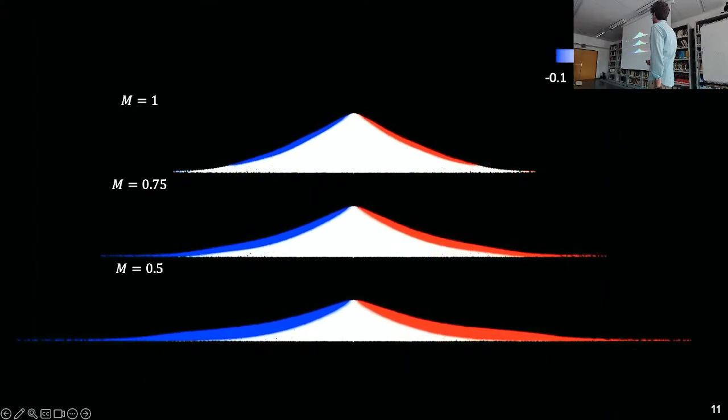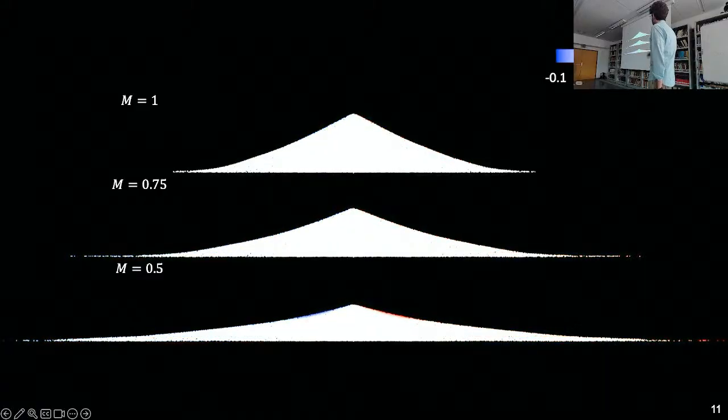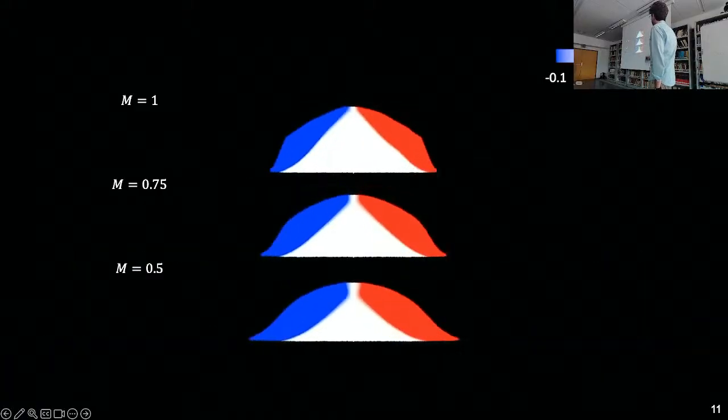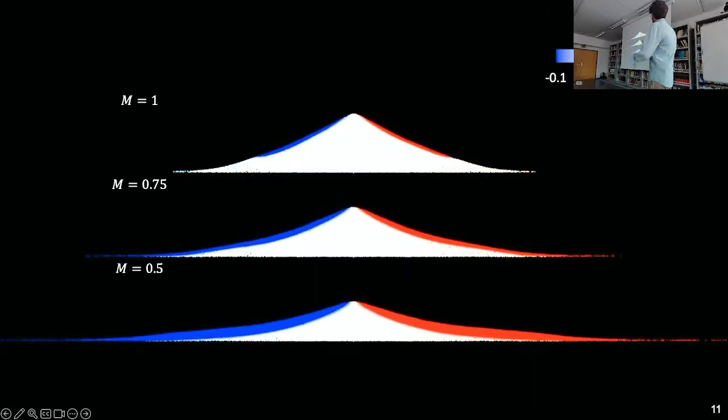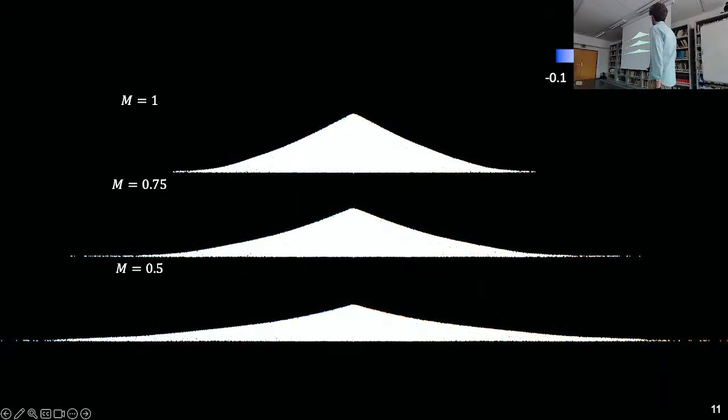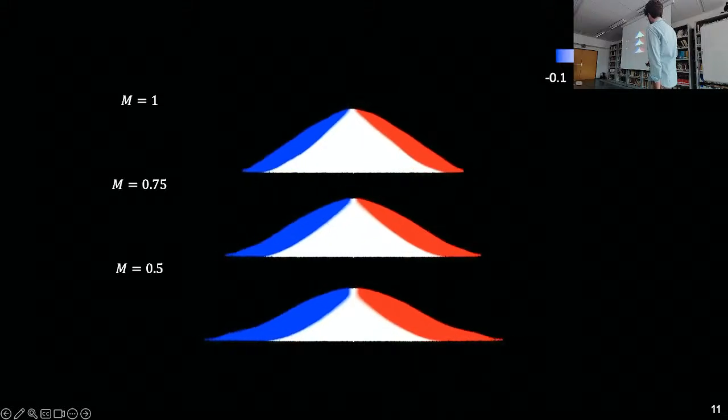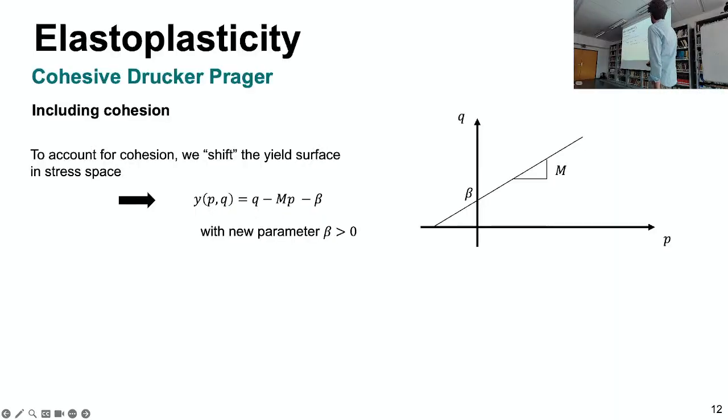Here is just an implementation of that in MPM. You see I increase my friction and I get a smaller run out of my column collapse. We can introduce cohesion here by just shifting the yield surface. That means I'm allowing for some tensile states. So this is compression, this is tension.